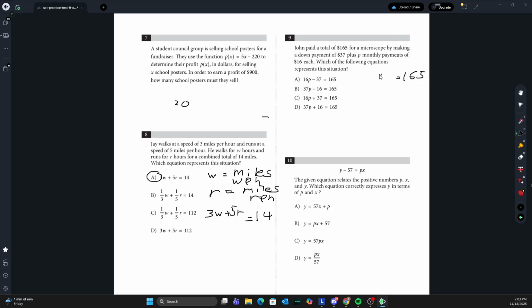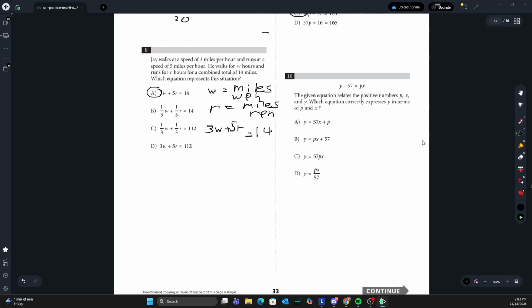So we can just tack $37 onto the end of this equation, because 37 has nothing to do with P. But he also makes P monthly payments of $16 each. So we write 16 and multiply that 16 by P, because it depends on the number of monthly payments. So if John pays a total of $165, we know it will be equal to 16P plus 37, which will give us $165. If we go down to our answer choices, that gives us C.